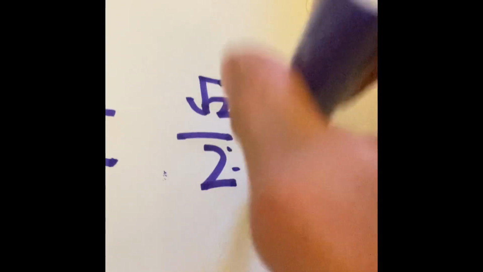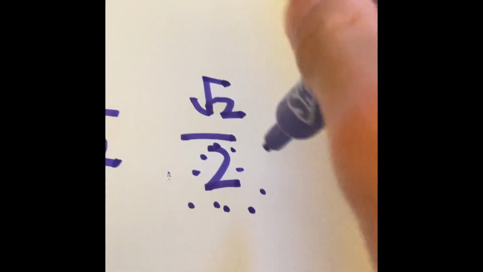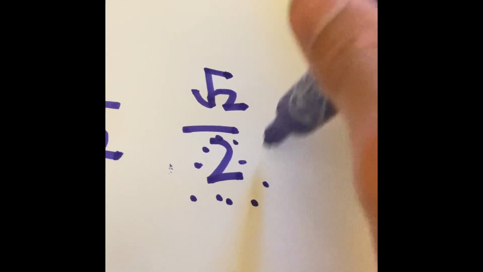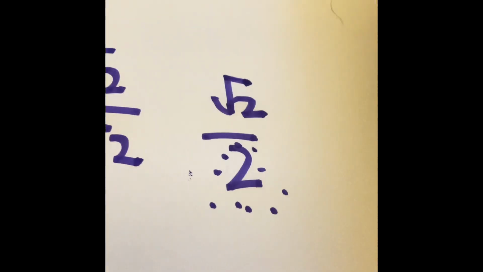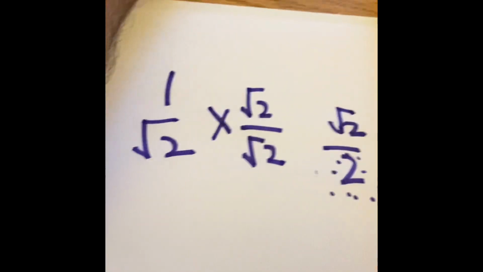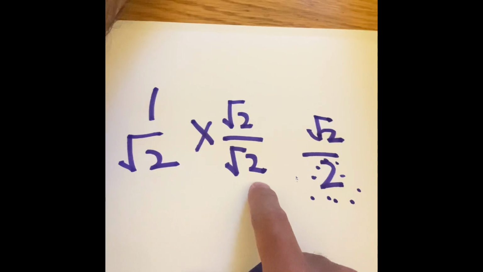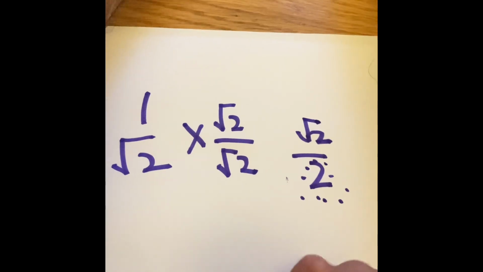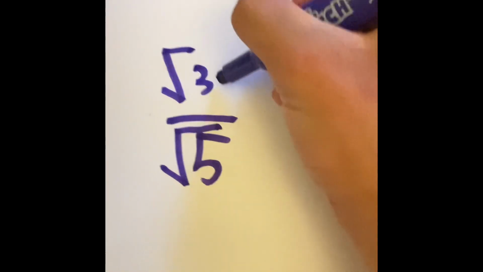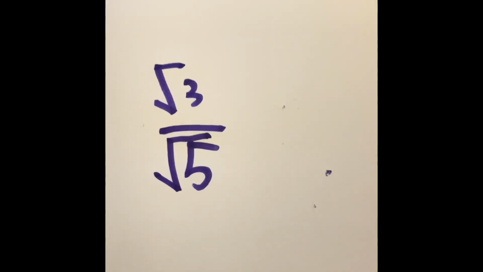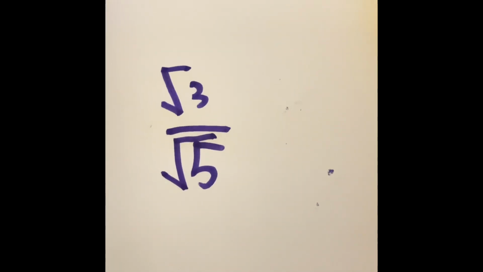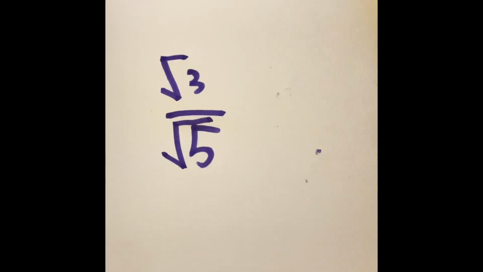Because we have something else besides a radical in the denominator and any kind of number in the numerator. Let's see an example where we would want to rationalize a gigantic radical. Okay, so we have the square root of 3 over the square root of 5. In order to rationalize it, we just want a normal number in the denominator.